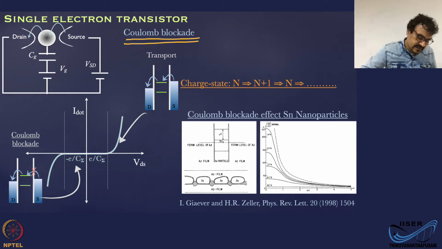So in this situation, the source and drain do not have enough potential difference, or the source is not applying enough potential to have an electron on the island and then off the island.